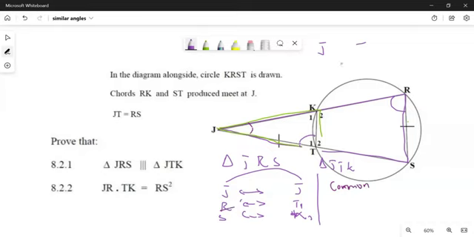So if you check here, we have 4 vertices at the circumference again. So you have K, you have T, you have S, and then you also have R. All of them are at the circumference. And then this is a 4-sided figure. For the fact that it's a 4-sided figure, it makes this a cyclic quadrilateral. And then here we have an exterior angle of a cyclic quadrilateral, which is going to be equal to the interior opposite angle. Now, how do you get that, guys?